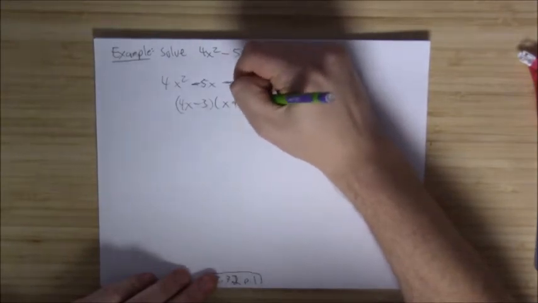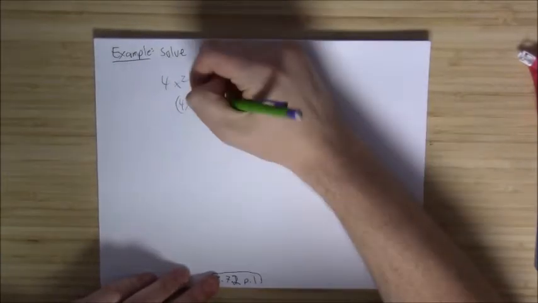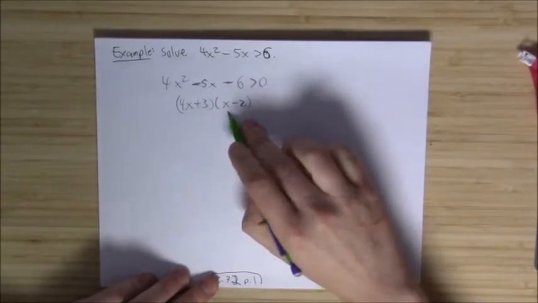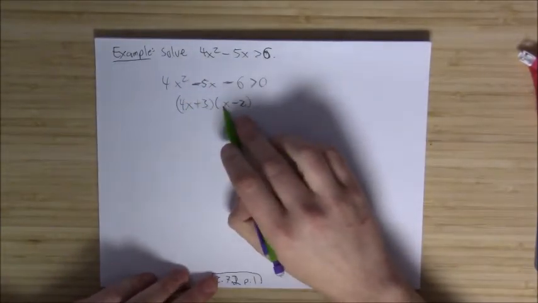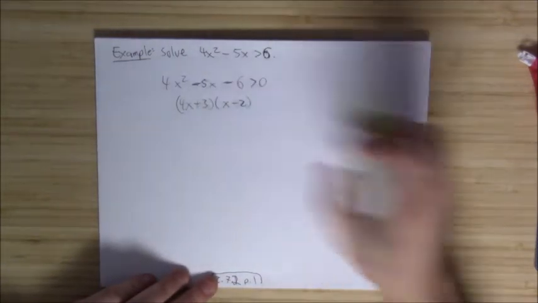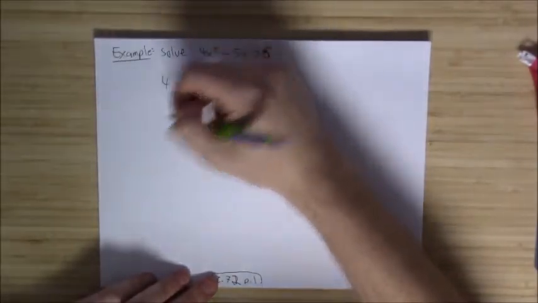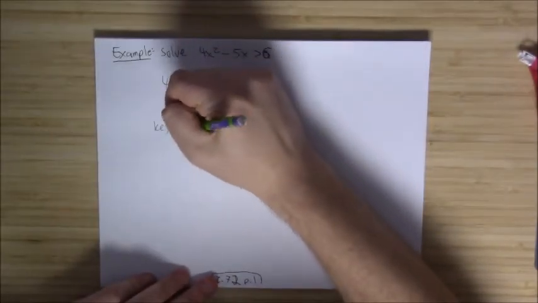Did I do that right? Plus 3 and minus 2. There we go. And let's check that. 4x squared, you get 3x minus 8x. That gives me a negative 5x. And then negative 6. Good.